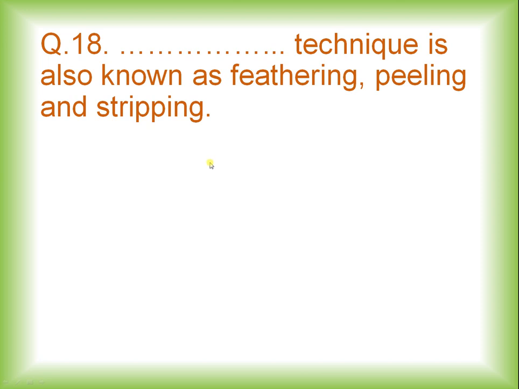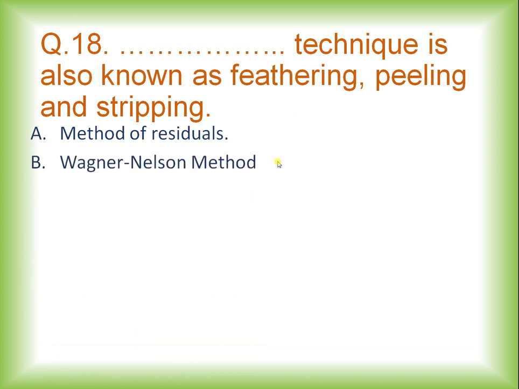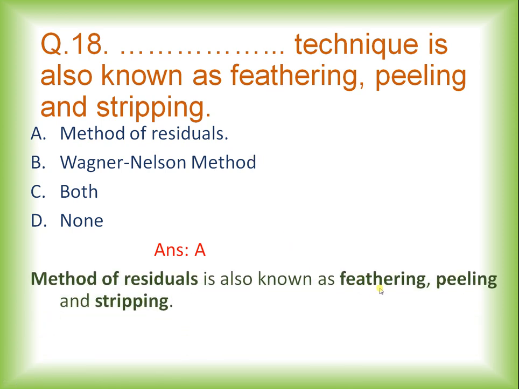Moving towards the next question. Dash technique is also known as feathering, peeling and stripping. Options are method of residual, Wagner-Nelson method, both, none, and the right answer is method of residual. So the method of residual is also known by other names such as feathering, peeling and stripping.